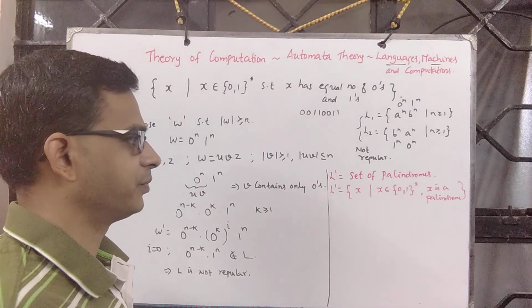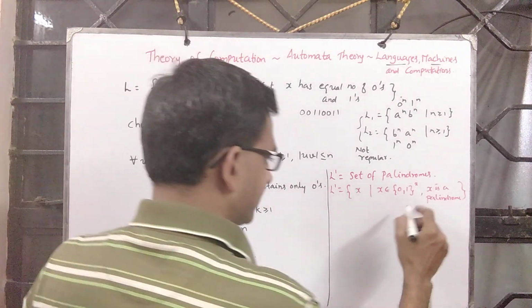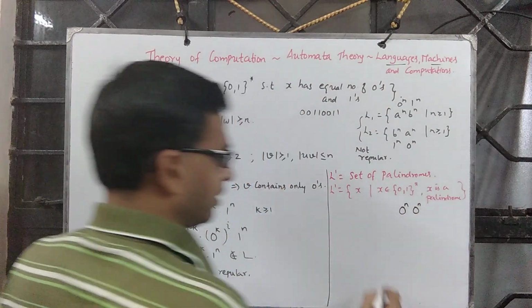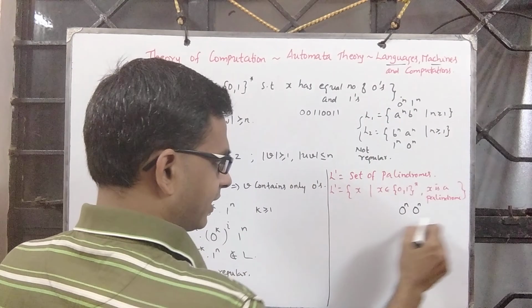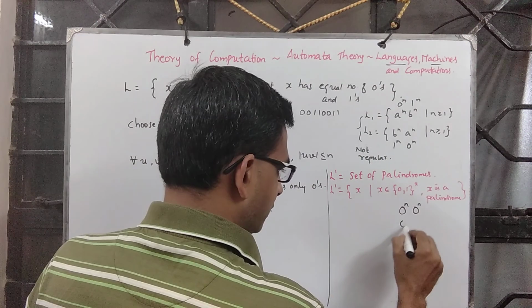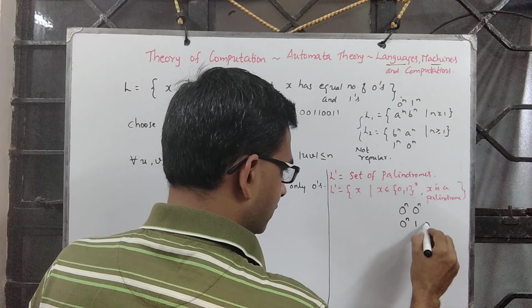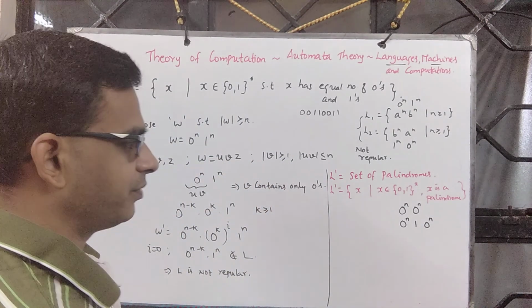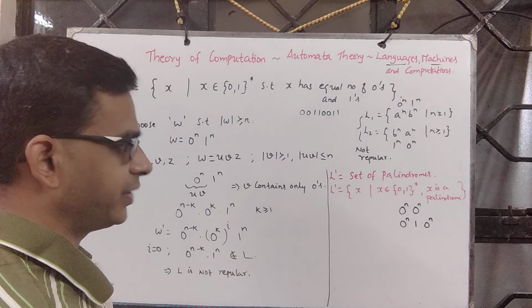For example 0 power n, 0 power n. If you read from left to right and right to left, it reads the same. 0 power n, 1, 0 power n. And again, if you read from left as well as right, you read the same thing.